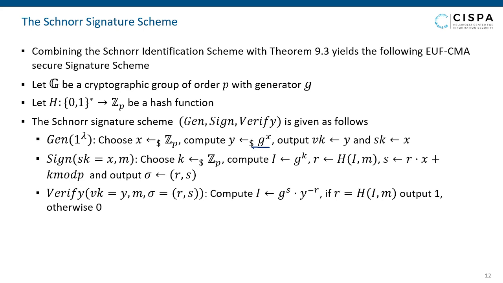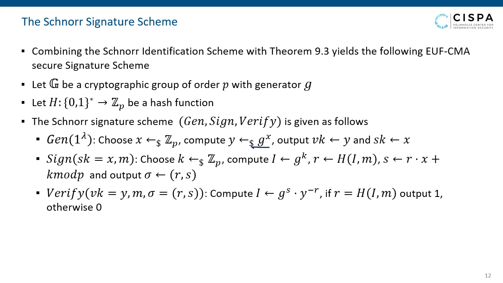To verify a signature sigma equals (r, s) for a message m under a verification key y, we first compute I as g to the s times y to the minus r. And next we check if r equals H of I and m. So if we hash this I together with m, do we get r?